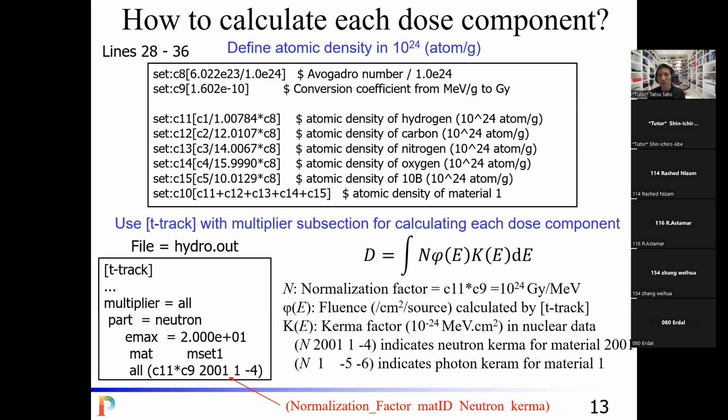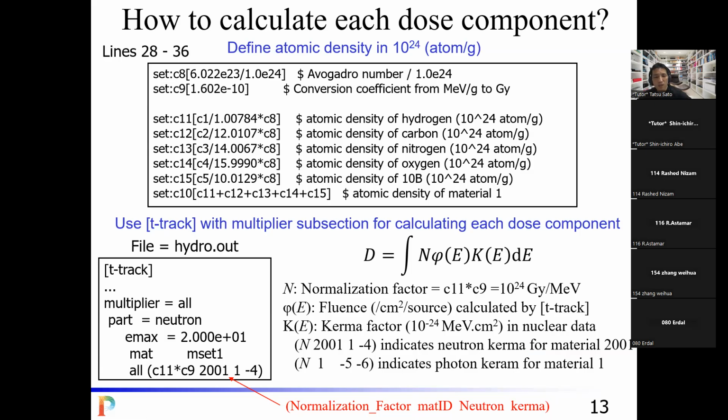It's only Bnct dosimetry that requires that. Or maybe some other purpose that we need to do that, but it's quite rare. So the conventional tally function does not have such function. So we have to use multiplier subsection, as Ogawa-san explained 2 days ago.